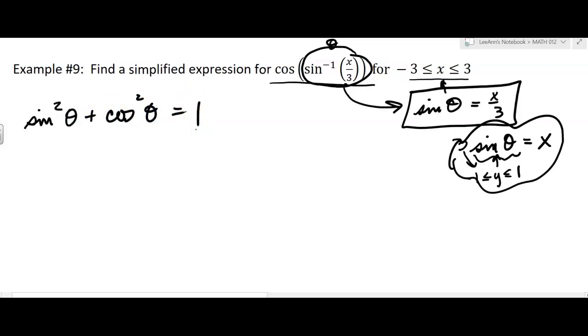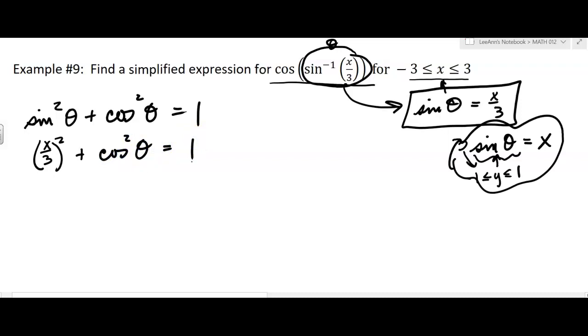Don't worry that it's theta instead of x. That's just notation. We could have picked beta for the angle or whatever, and we could still use the Pythagorean identity. But I know what sine theta is, so that's going to be x over 3 squared plus cosine squared theta equals 1.